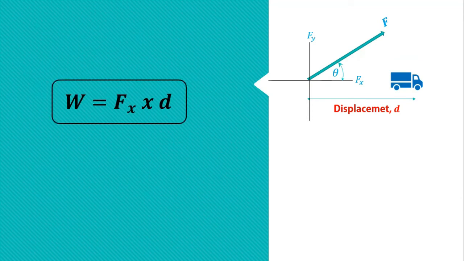Fx is the projection onto the x-axis. We can expand Fx as F cosine theta. So work is formulated as F cosine theta times displacement. This work is measured in joules as well.